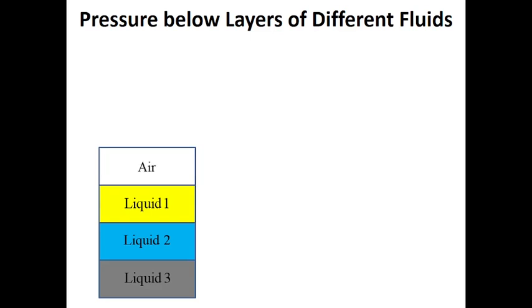This is now our tank, a tank composed of air, liquid 1, liquid 2, and liquid 3. As you notice, these are homogeneous fluids. There are certain substances that, when combined, will not mix.